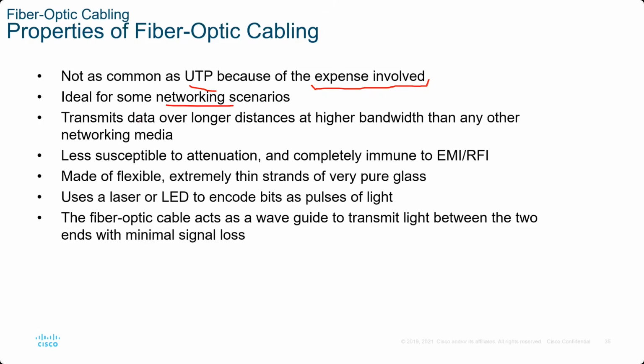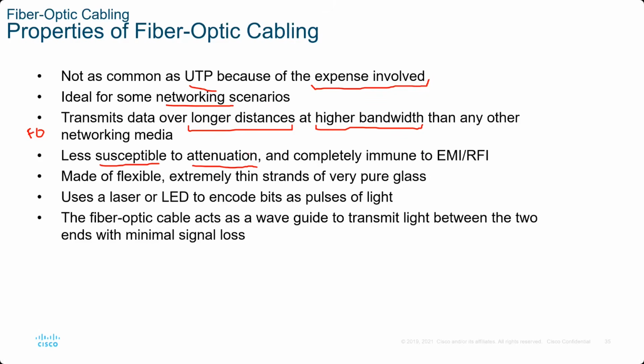They're ideal for some scenarios, as it transmits data over longer distances. So whenever you need longer distance communication more than 100 meter, because the copper limitation is 100 meter, and you also need a higher bandwidth than the copper, then you would use fiber optic. The benefits are that it is less susceptible to attenuation, meaning you can create a very long fiber optic cable more than 100 meter.